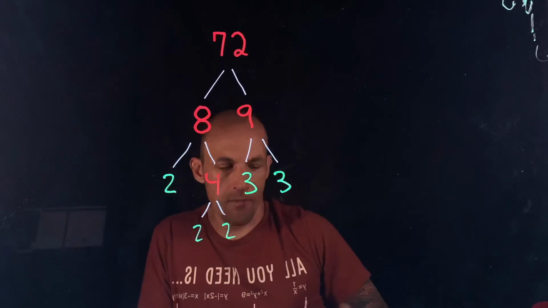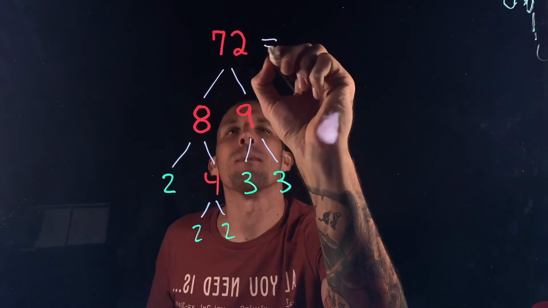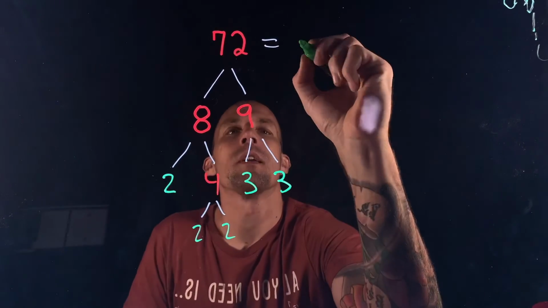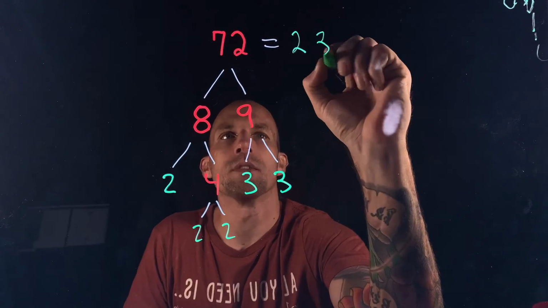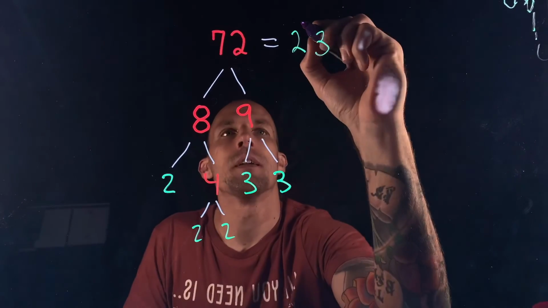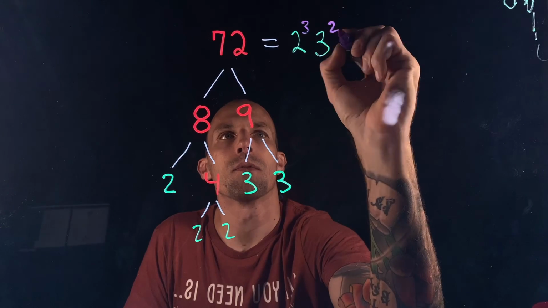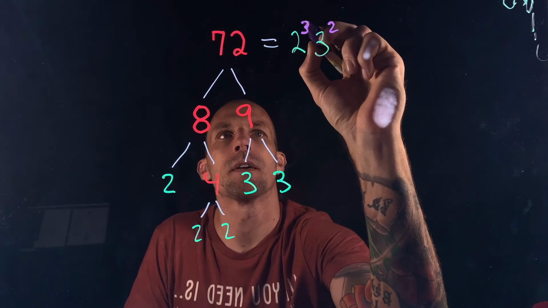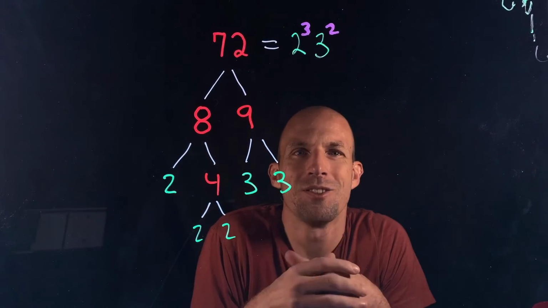So our prime factorization for the composite number 72 is 2 raised to the third power times 3 raised to the second power. That should be enough to get you started on the page.